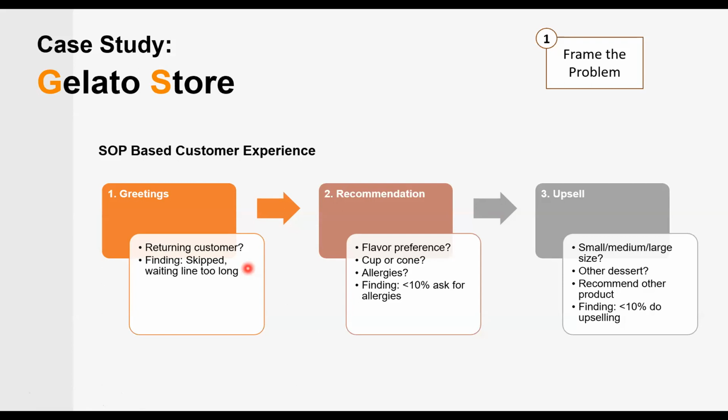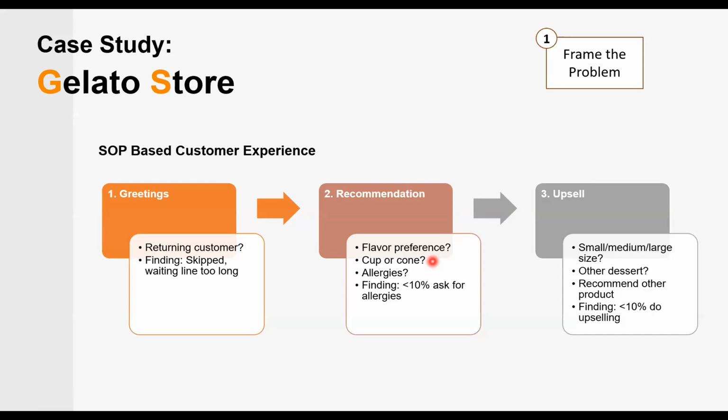The second step of the SOP is basically the recommendation. Even before we ask for the recommended flavor, the server should be able to ask, what is your flavor preference? Oh, I like something sweet, or I like something slightly bitter. And then they will say, okay, if you like something bitter, you should try this. If you like this, you should try this.